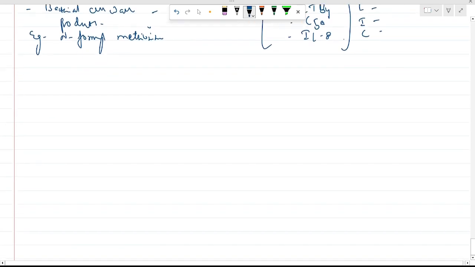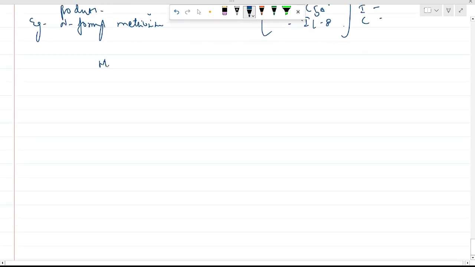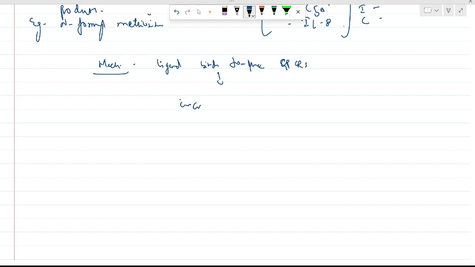Okay, see the mechanism here of chemotaxis. So here a ligand binds to the G protein coupled receptors, GPCRs, which leads to increased cytosolic calcium ions. Their level increases inside the cytoplasm.